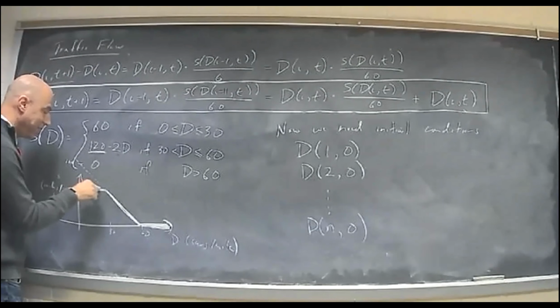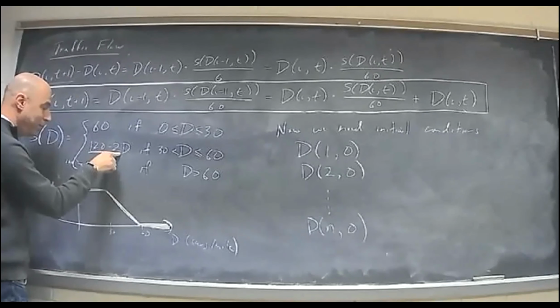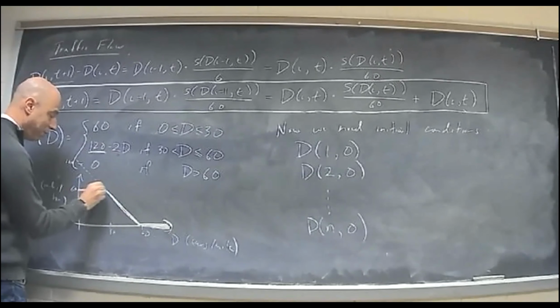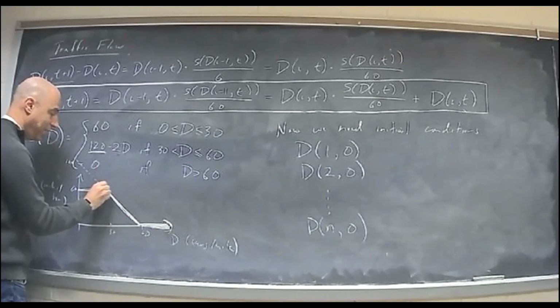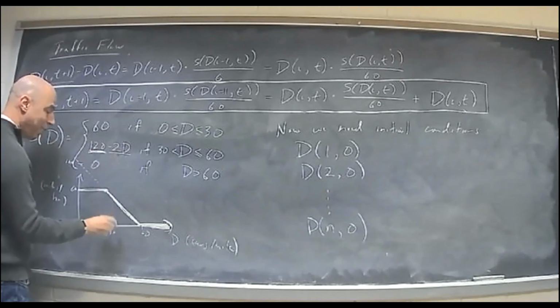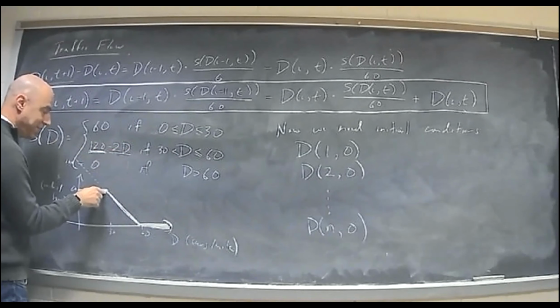To make this a continuous function, this can't be 60 minus 2d, because if you plugged in 30, then you'd be at height 0. We'd jump from here down to height 0. You want it to still be at height 60 then. So it should be 120 minus 2d. That way, when you plug in 30, it's 120 minus 2 times 30. You're at height 60 still.